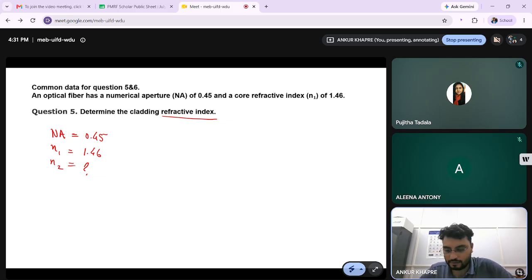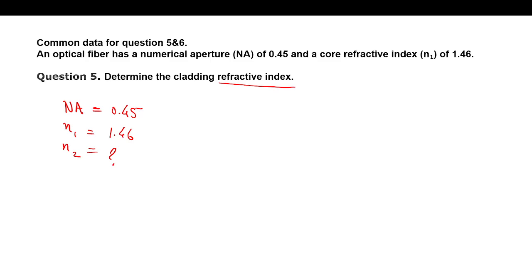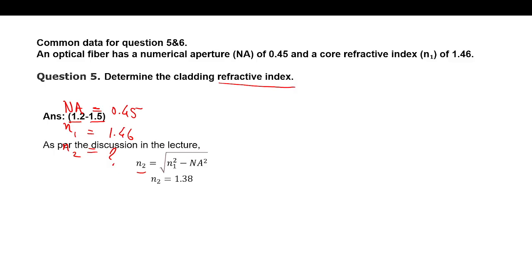I think we should go for the discussion. You can see the answer will be approximately 1.2 to 1.5. Why have we given this much range? The n2 is exactly 1.38, it was less. So how can we calculate this?